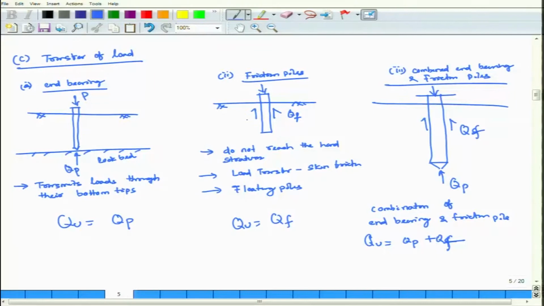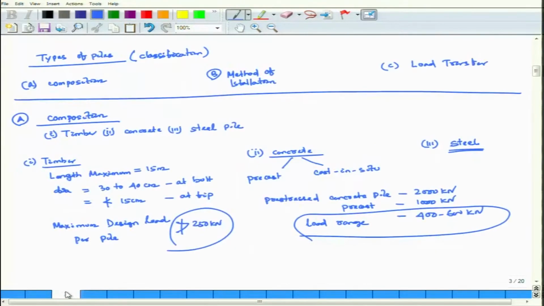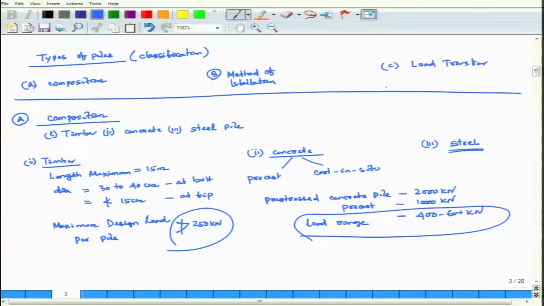So, if I summarize, what are the different classifications of types of piles? One is your composition, based on materials. Second is your method of installation. Third is your load transfer. Compositions are timber, concrete and steel piles, generally used.